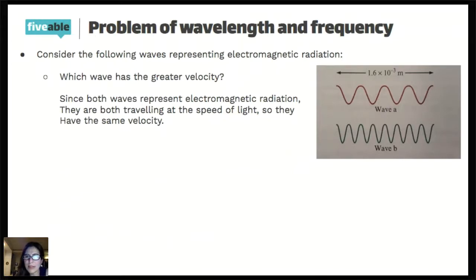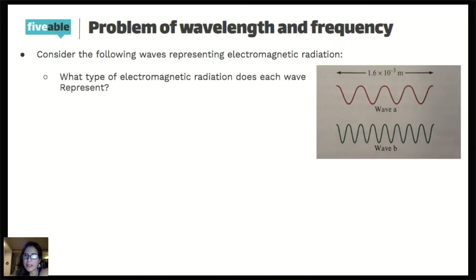Make sense? They're traveling at the same speed, but this one is more frequent and has a shorter wavelength, and this one is less frequent and has a longer wavelength. Inversely proportional, the wavelength to the frequency, but they're both traveling at the speed of light. Okay?